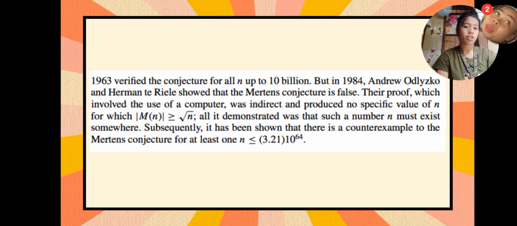All it demonstrated was that such a number n must exist somewhere. Subsequently, it has been shown that there is a counterexample to the Mertens conjecture for at least one n less than or equal to 3.21 times 10 to the power of 64.